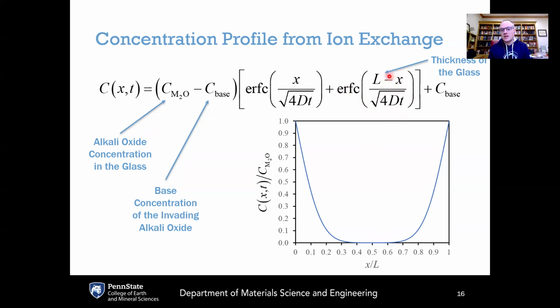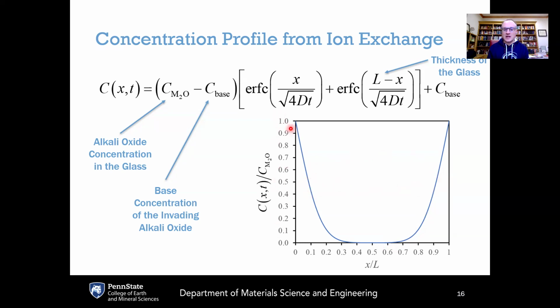So it's acting in the minus x direction, and it's shifted by the distance, which is the thickness of the glass itself, L. And so we've got this additional complementary error function term where instead of the x in the numerator, it's L minus x. And that's what gives us this symmetric concentration profile, which is the ion exchange from the other side of the glass.